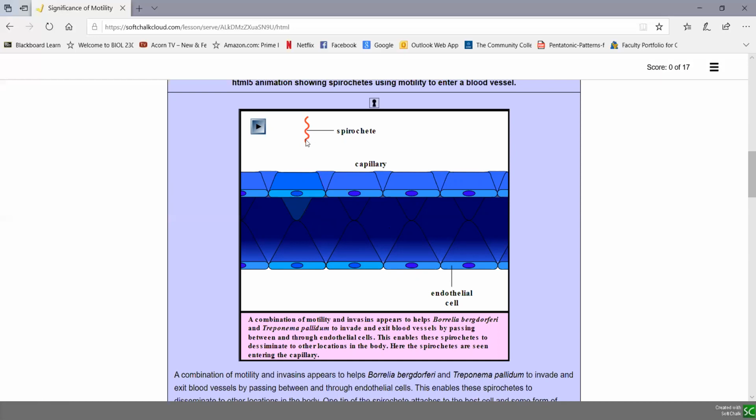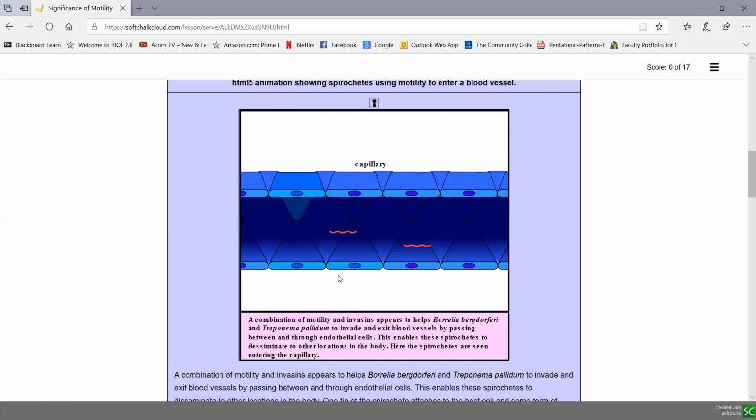So they can use the motility to actually drill through cells and enter the lymphatics or the blood, or they can pass between the endothelial cells and enter the lymphatics or the blood. So we see the one on top is going to drill its way through an endothelial cell and enter.